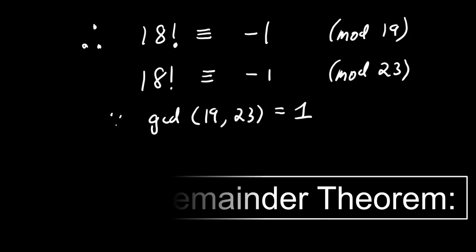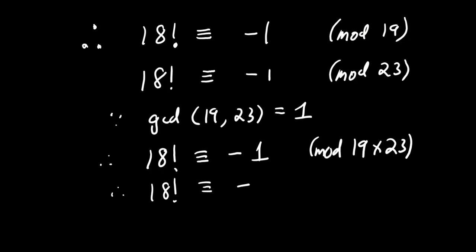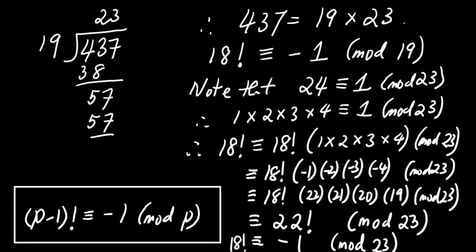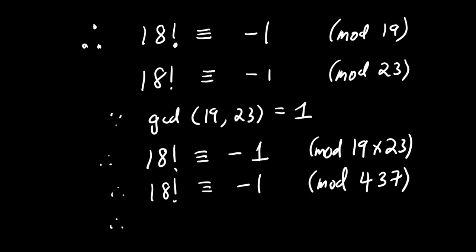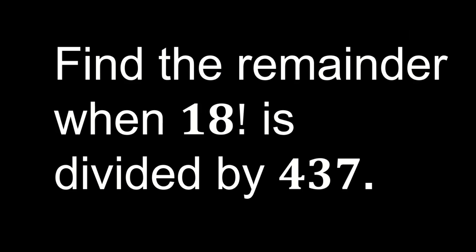Therefore, we deduce that 18 factorial is congruent to -1 modulo the product of 19 and 23, which is 437. Finally, since -1 is congruent to 1 less than the modulus, we conclude that 18 factorial is congruent to 436 modulo 437.